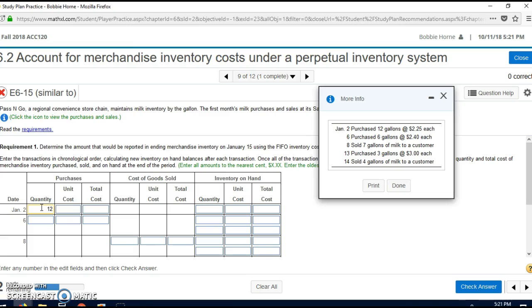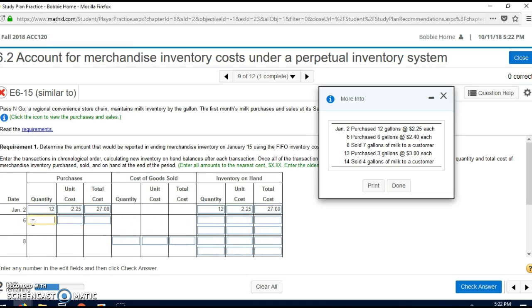So the quantity purchased is 12 at $2.25. 12 times $2.25 would be $27, our total cost of the purchase. So now we have 12 units at $2.25 for a total of $27.